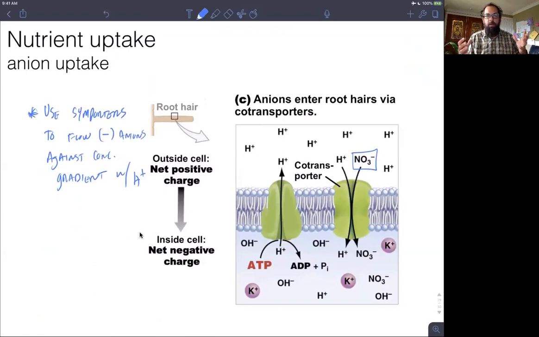And so while the root hairs increase the surface area, there's still oftentimes a lot of searching that goes on to find these diffuse resources. And there's a really special association with fungi in most plants that allows them basically to extend their root system and harvest these very diffuse resources.